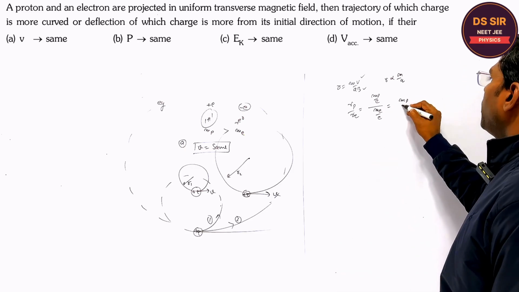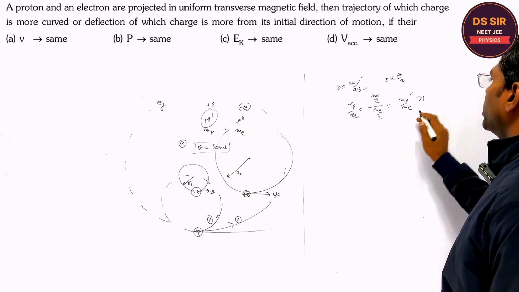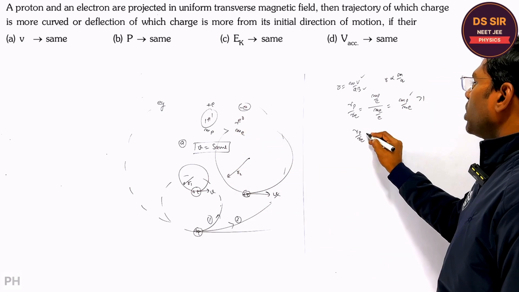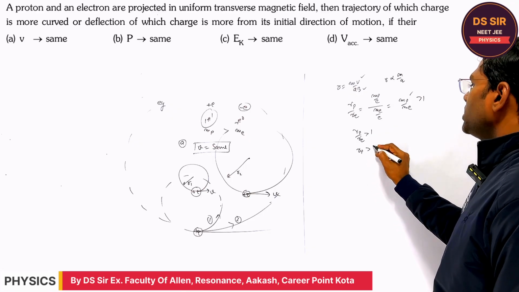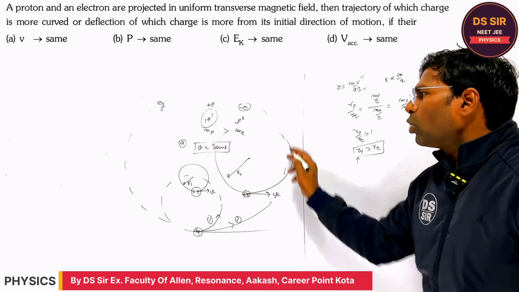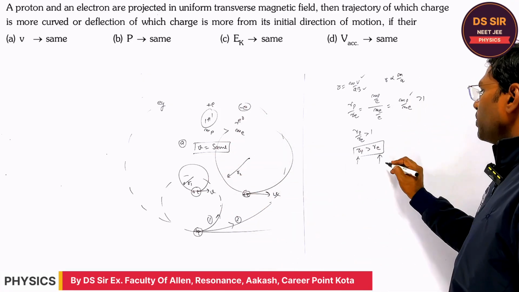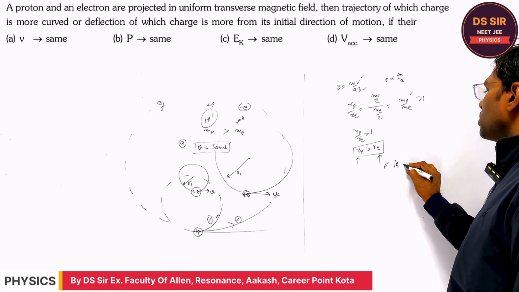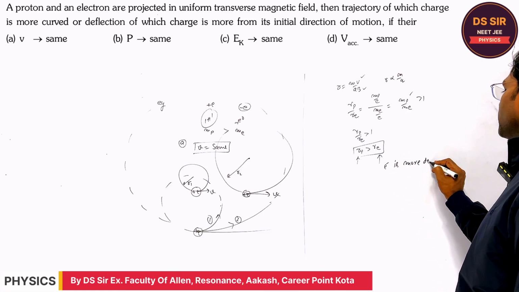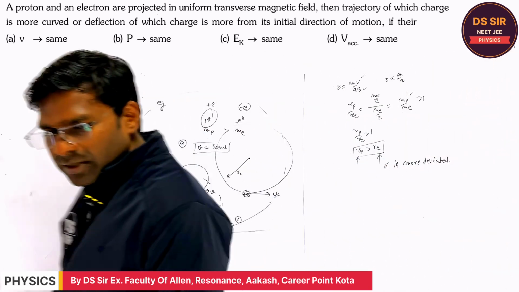Yes. mp upon me. Proton mass is greater, so it is greater than 1. rp upon re is greater than 1, rp is greater than re. Proton radius is more, electron radius is less. So it means the electron is more deviated. Understood or not? Yes. Copy this.